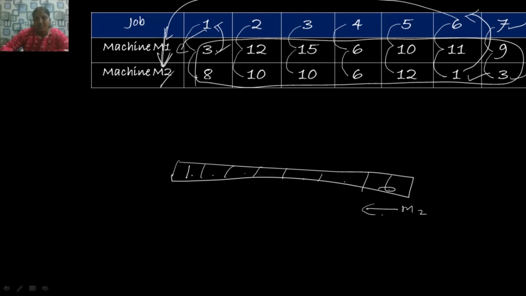So you have to place job 1 first in the sequence. If the value falls on the second machine, you have to place that job last in the sequence. If it falls on machine M1, you place it first, because we follow the order M1, M2.